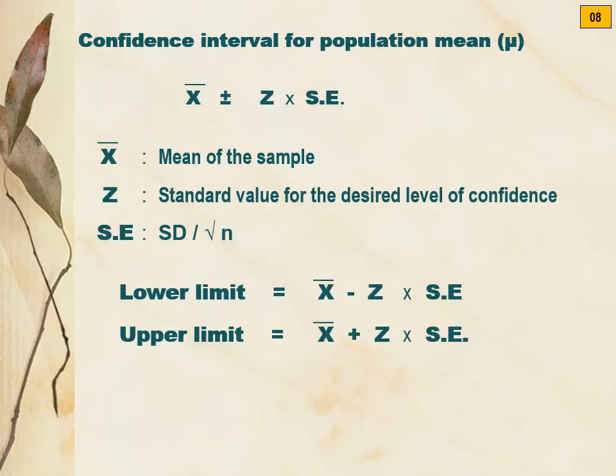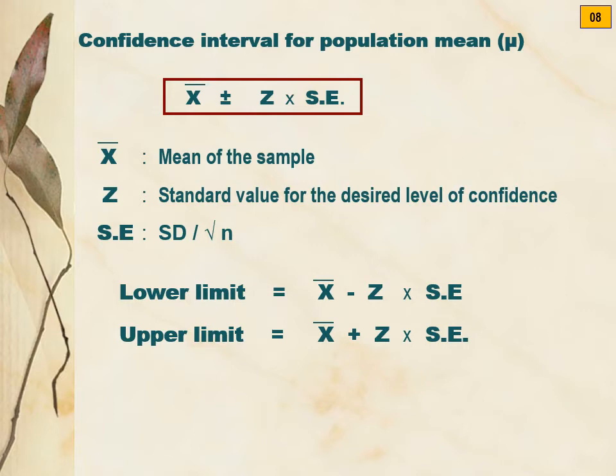Confidence interval for population mean mu. It's very, very simple. You have one sample with you of size n. You will calculate the mean from that sample. You will calculate the SD. SD will give you SE, SD over under root n, and Z, you know, wherever we mention Z, Z means standard normal variate.